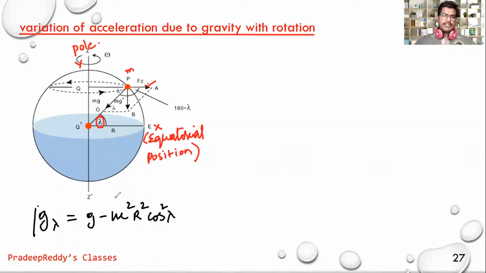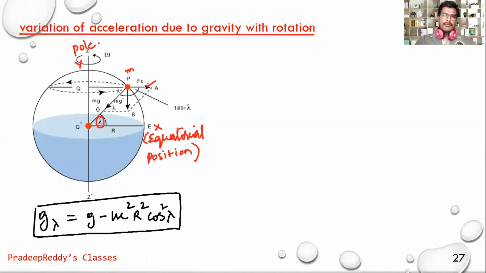This is the equation for acceleration due to gravity at a certain position lambda. You just resolve the centrifugal force into components. F net will be equal to gravitational force minus centrifugal force, which gives you this equation.